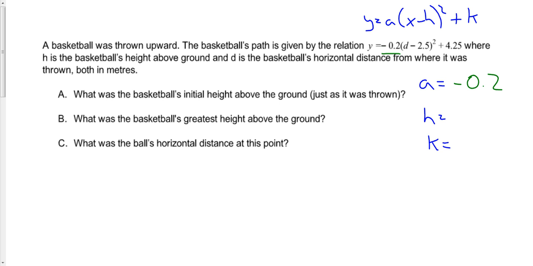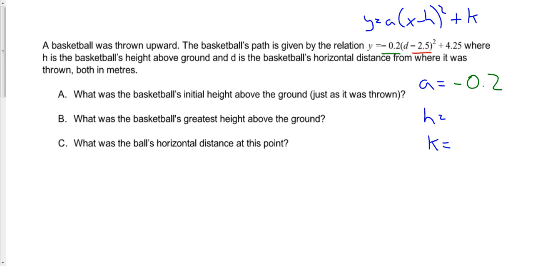My h value is given to us right over here. Now it says negative 2.5, and we've talked about this earlier, that when it's a negative in the equation, that actually means the h value is positive, and the reverse is also true. If this was d plus 2.5, then the h value would be negative.